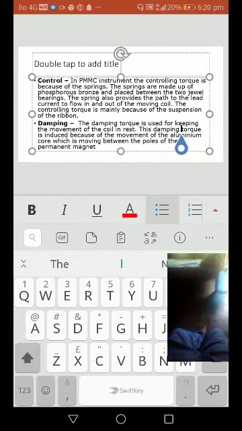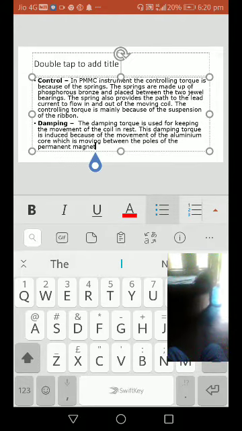The damping torque is used for keeping the momentum of the coil at rest. This damping torque is induced because of the motion of the aluminum core, which is moving between the poles of the permanent magnet.